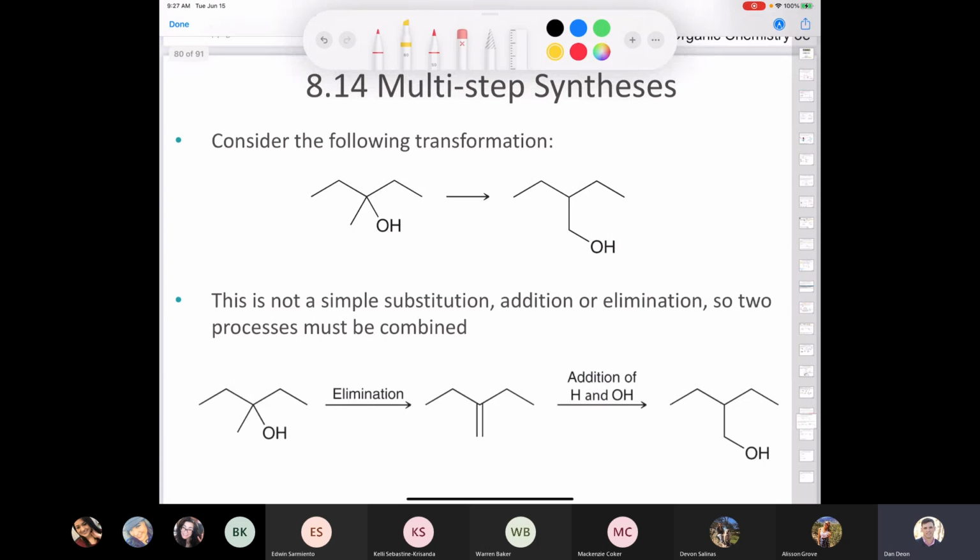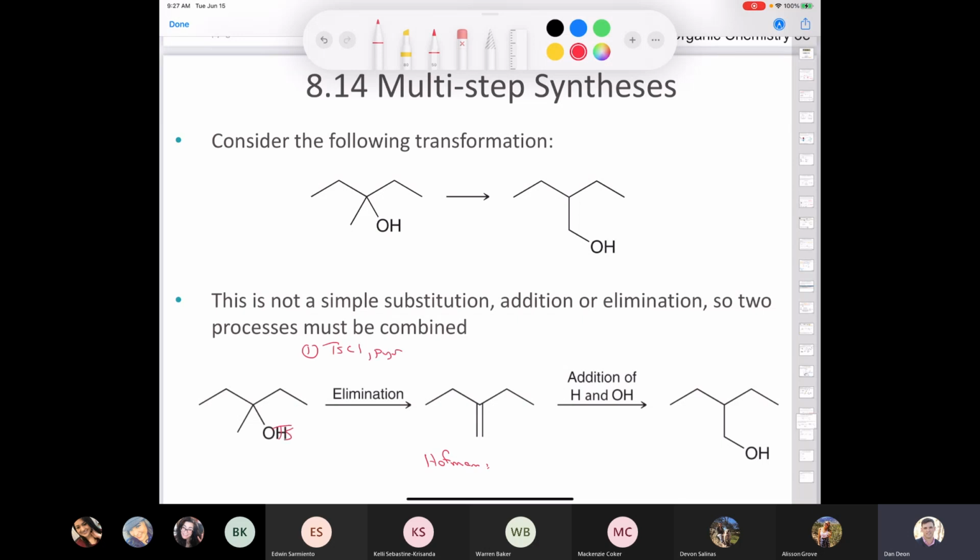What if you wanted to move a hydroxyl group around? Right? If you wanted to move this hydroxyl to convert this compound from this tertiary alcohol to this primary alcohol, how would you do that? Well, if you want to eliminate to make the Hofmann alkene, that's what this is right here, what you're going to have to do first is convert that into a good leaving group with tosyl chloride and pyridine.